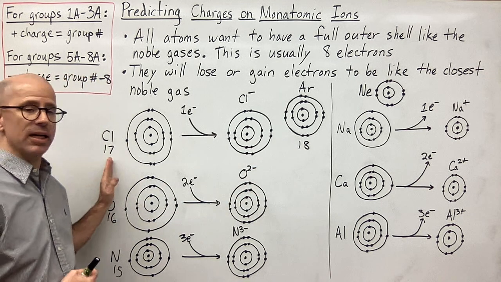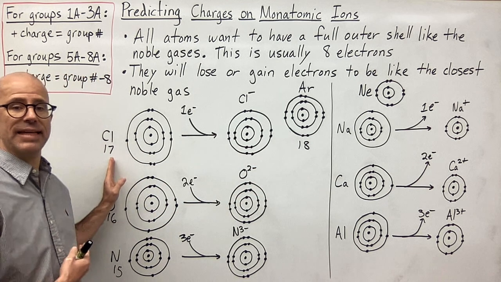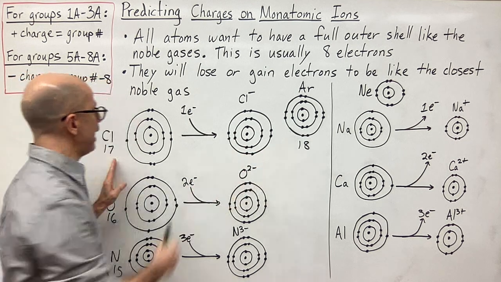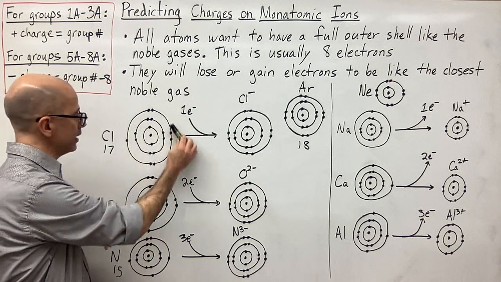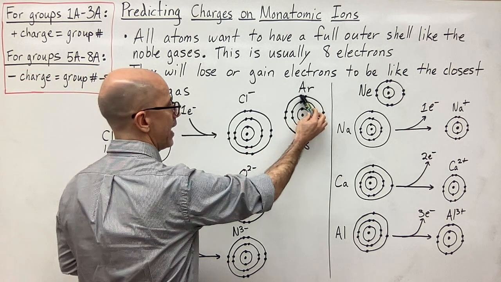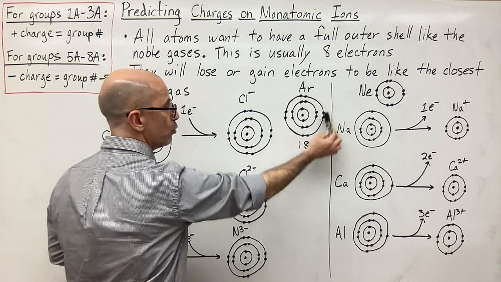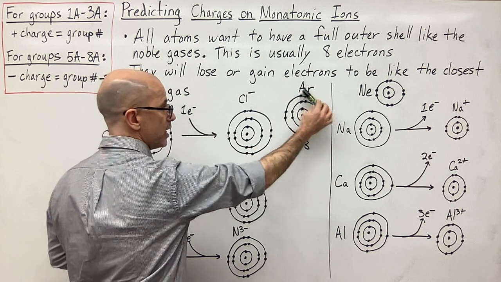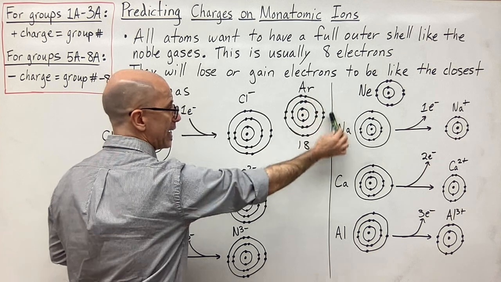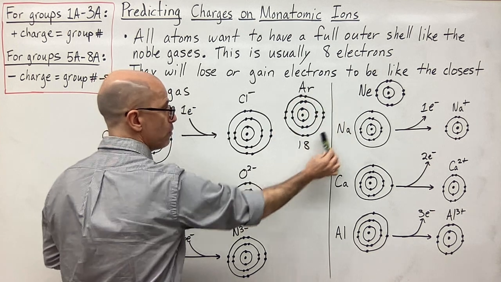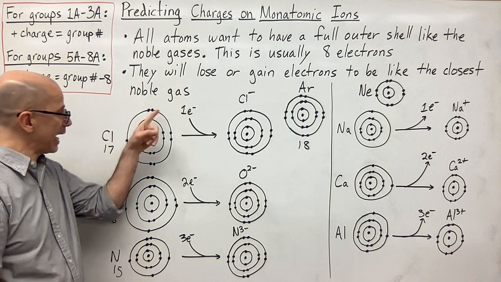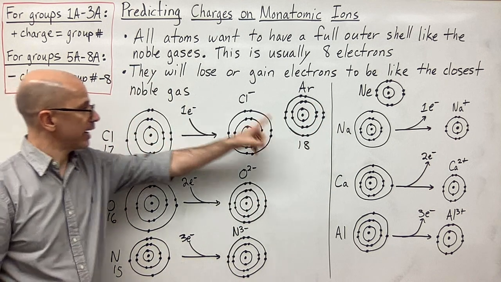So to be like argon, chlorine just needs to add one more electron to have 18 total and to have 8 in its outer shell, just like argon. Notice argon has 3 rings, three energy levels, 3 shells, and it's got 8 in the outermost shell, in the valence shell. So all chlorine needs to do is gain one electron to be like argon.